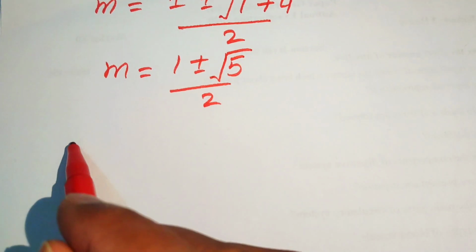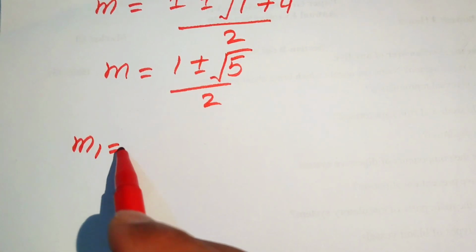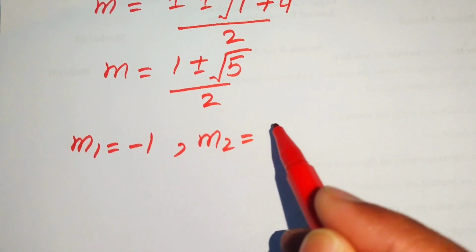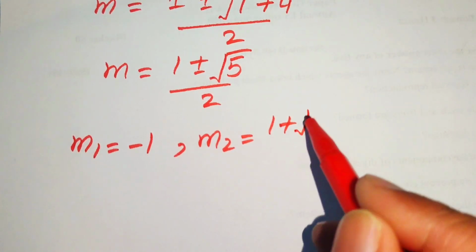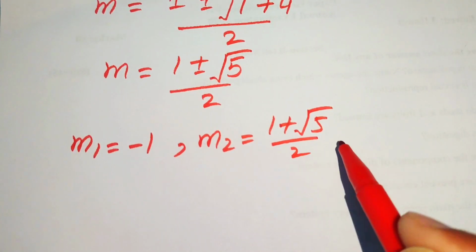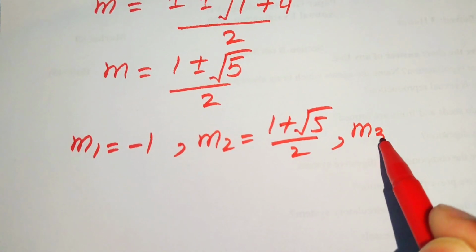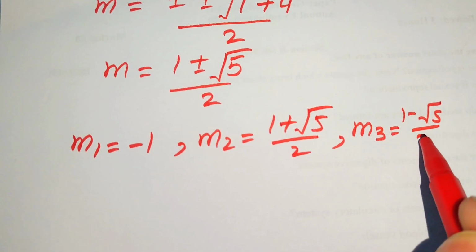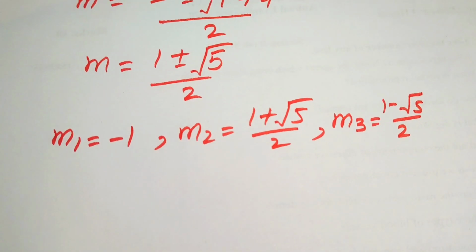So finally the three roots of the given equation are m1 equals minus 1, m2 equals 1 plus square root of 5 divided by 2, and m3 equals 1 minus square root of 5 divided by 2.